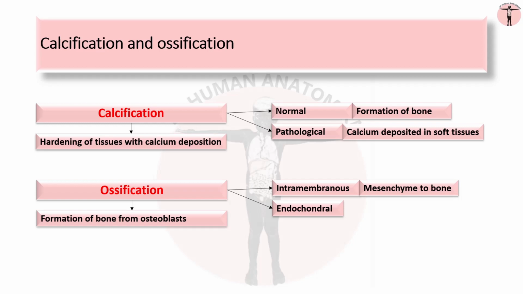Endochondral ossification is mesenchymal cells converting to a cartilage model, and the cartilage model is then replaced by bone. In fetal life, the greater part of the skeleton is cartilage. The cartilage model of long bones is gradually replaced by bone.